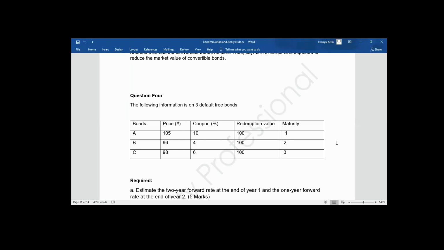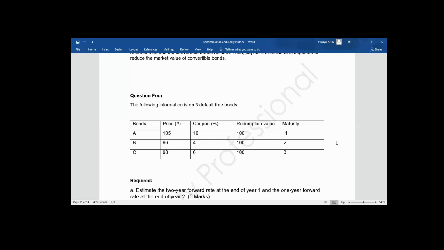The spot interest rate is the interest rate paid or received on loan or deposits on the maturity of the instruments.